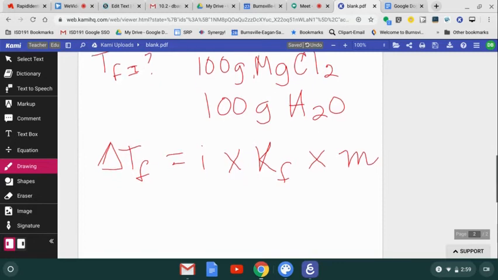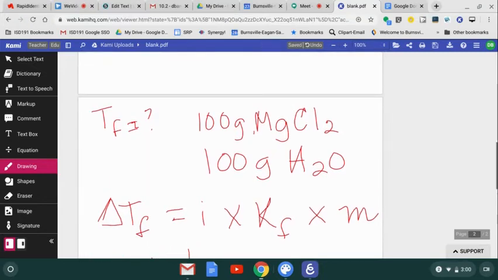All right, so far we don't have molality, so that's our first order of business. And molality is equal to the moles of solute dissolved in kilograms of solvent. So for this problem, first of all, figure out how many moles of solute that we have.